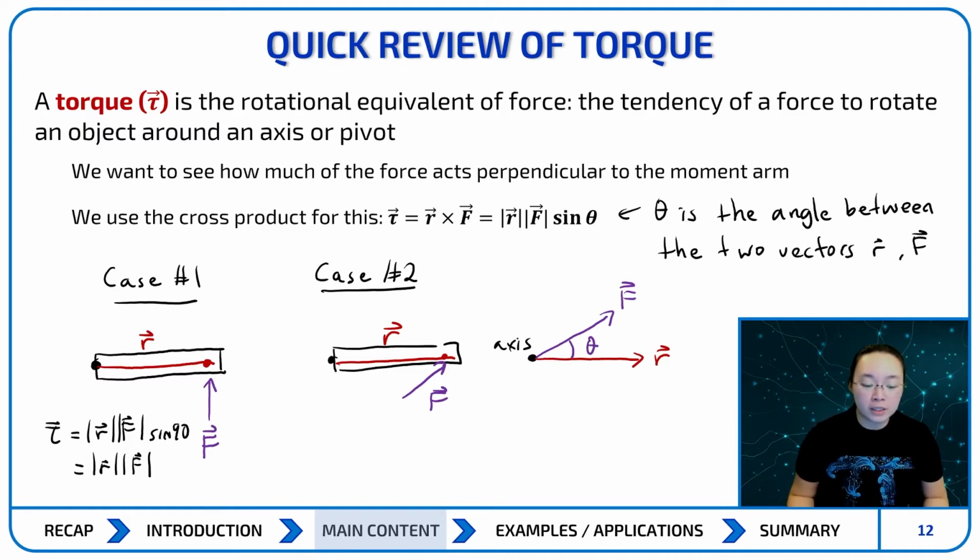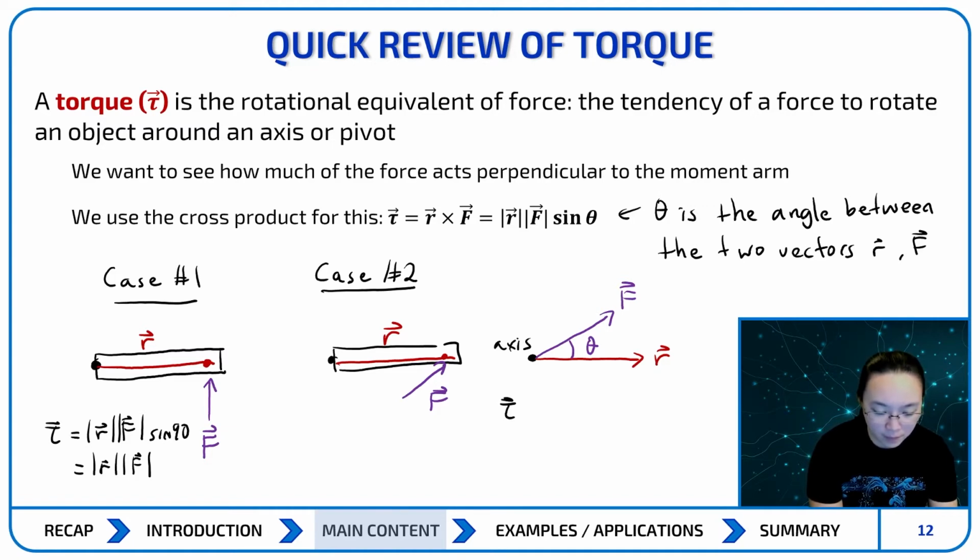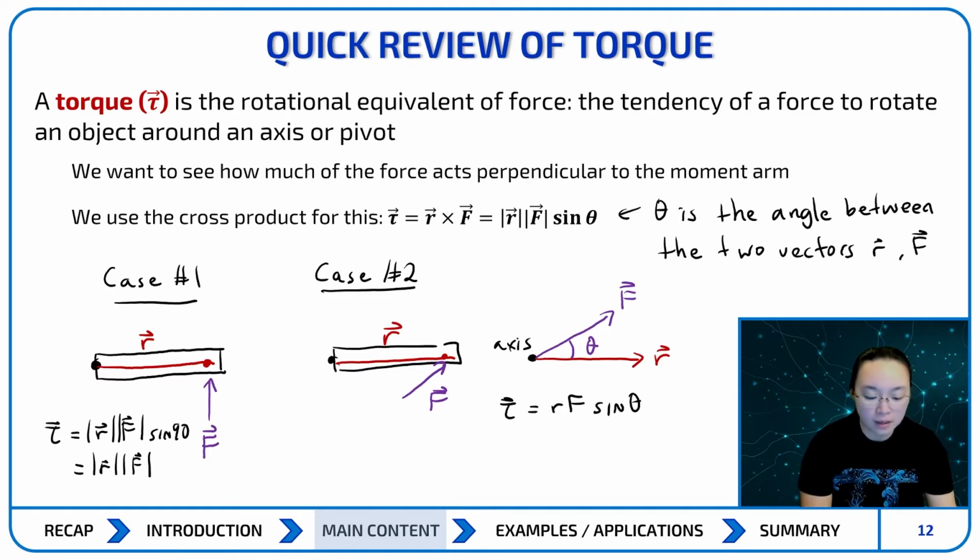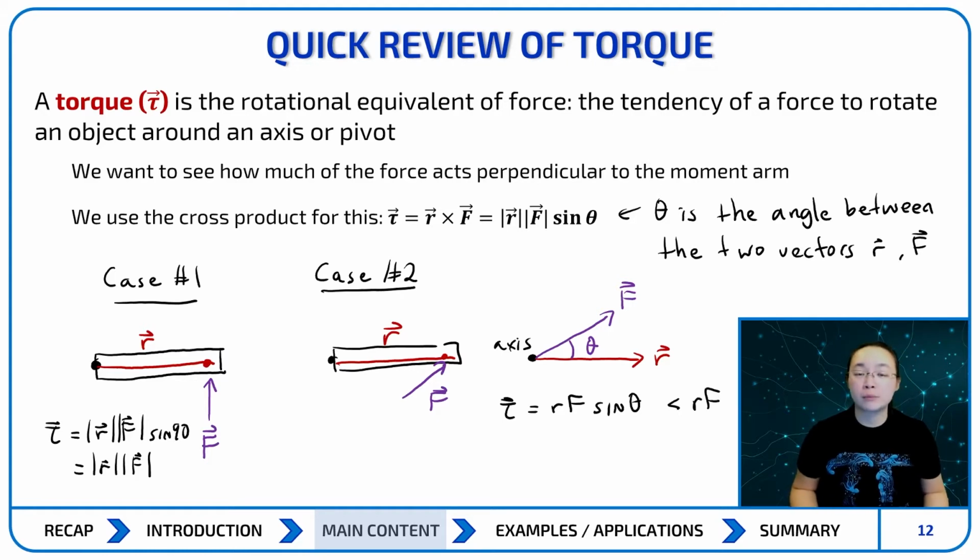So then I'll be able to calculate how much of the force that I'm applying is perpendicular to the moment arm, and how much that helps supply a torque to the system. So in this case, I have tau is equal to RF sine theta. Now we have something that is going to be less than RF, which is the maximum.